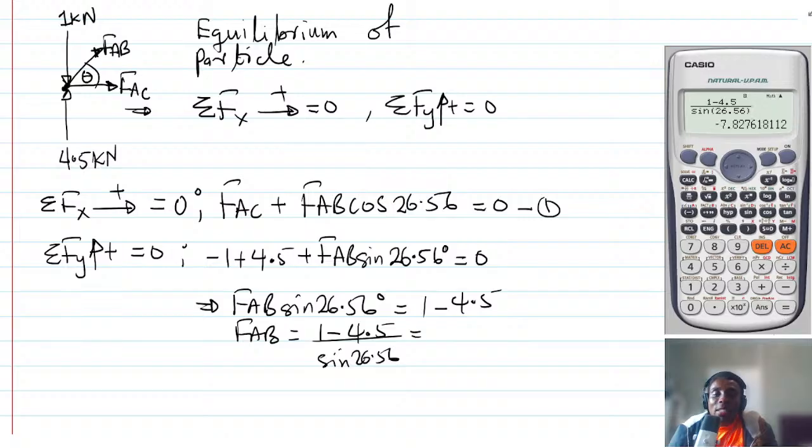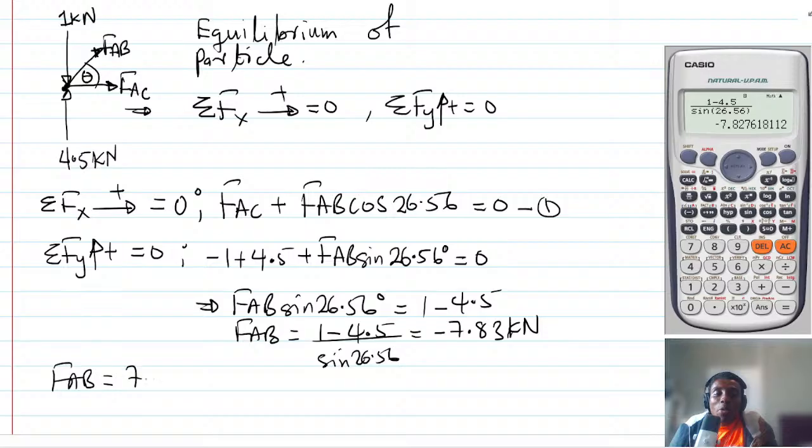That is minus 7.83 kilonewton. The minus sign simply means FAB is in compression, so you just put C here, compression.